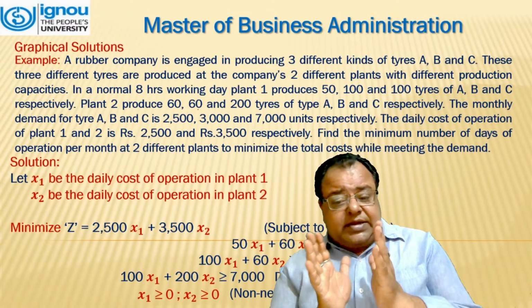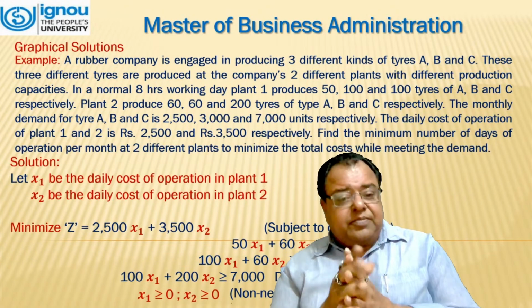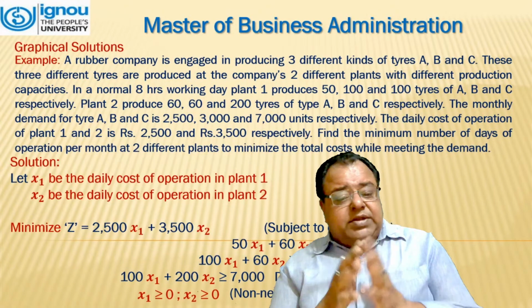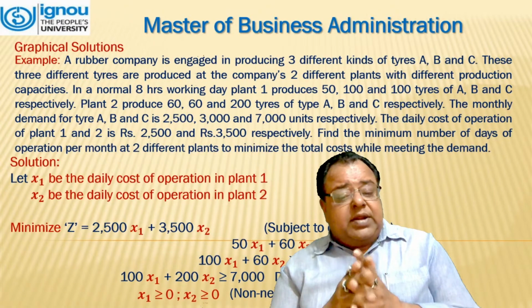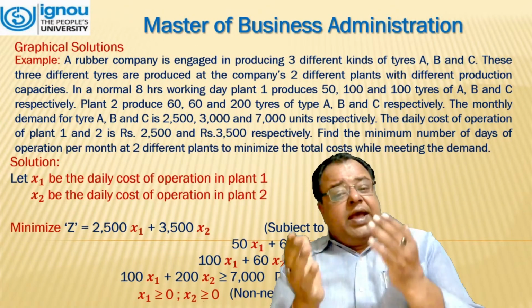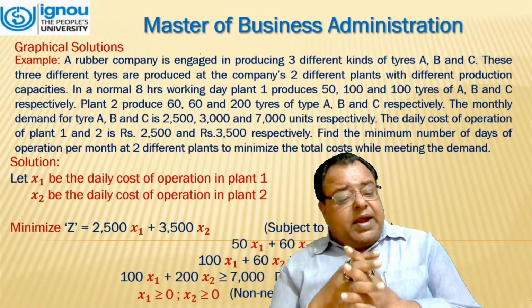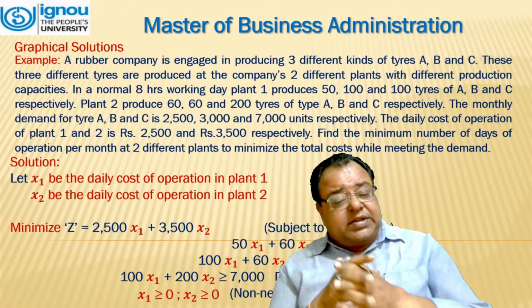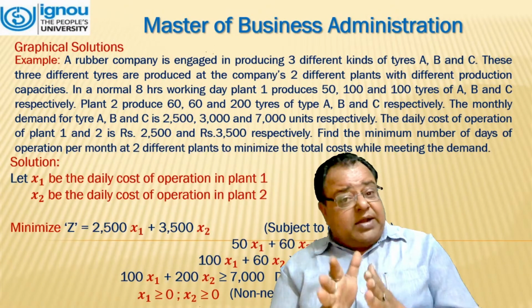I'm not discussing anything about the sign. Secondly, it is 3,000. So our second equation will be 100x1 plus 60x2, and on the right side it will be 3,000. And for the third one, it will be 100x1 plus 200x2, and on the right side it will be 7,000. These are the demand constraints.